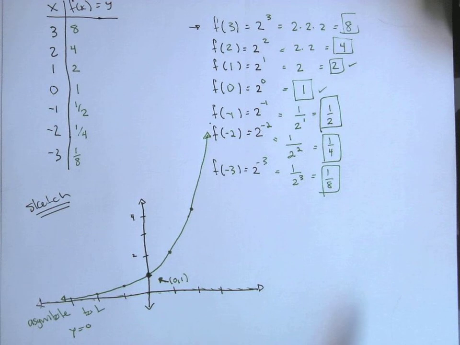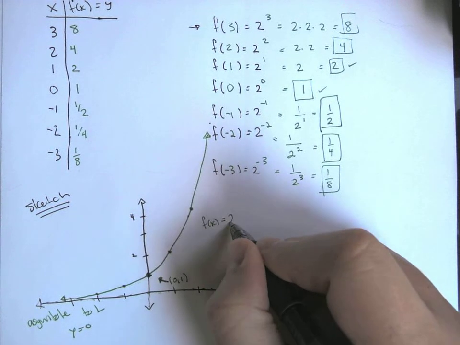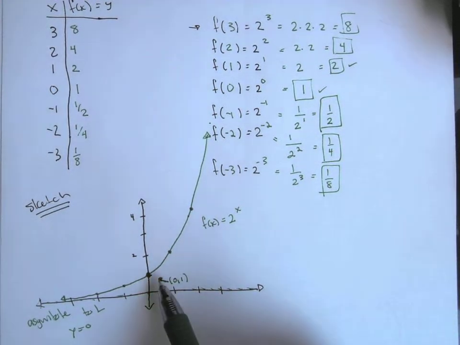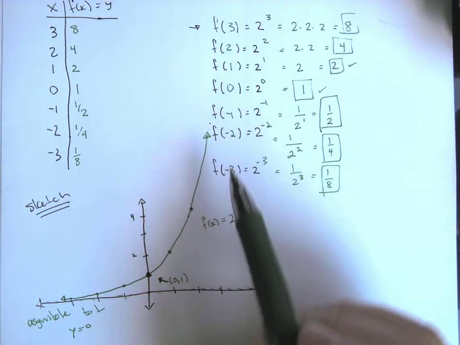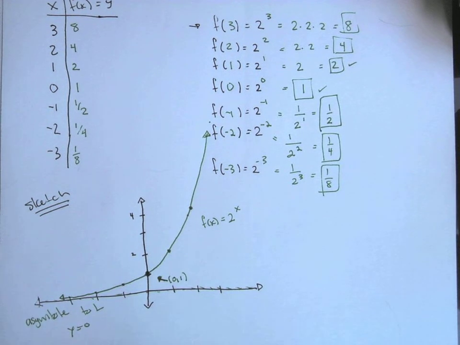And we go from there. So this is 2 raised to the x. This is one of our more standard exponential functions. What we're going to see in general is that it rises up to infinity and then flattens out on the other side and goes through the center here at 0, 1. So that's a start.